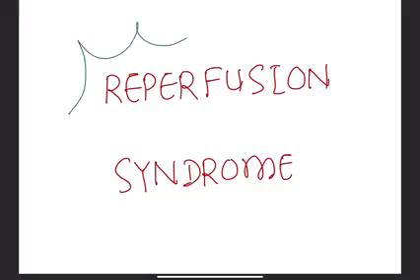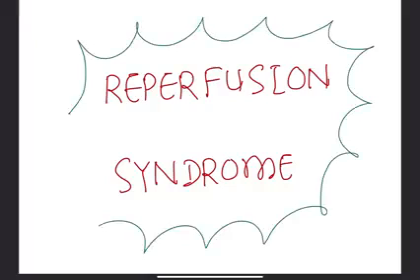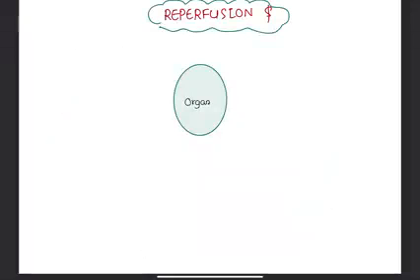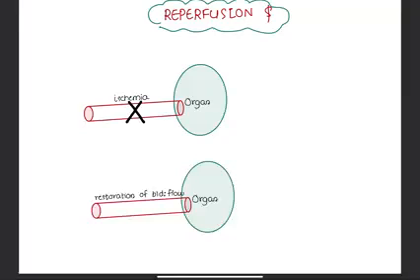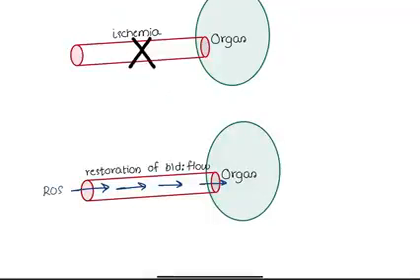One important complication after decompressive surgery is reperfusion syndrome. This refers to the damage to the tissues and organs after restoration of blood flow after a prolonged ischemic state. After restoration of blood flow, there is production of reactive oxygen-free radicals from the previously ischemic cells, which cause direct toxicity to the tissues.